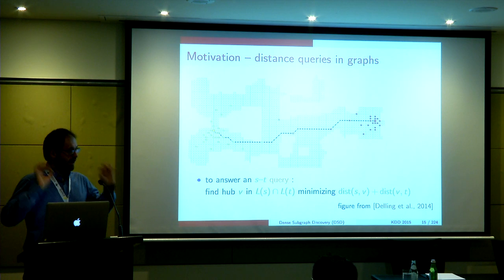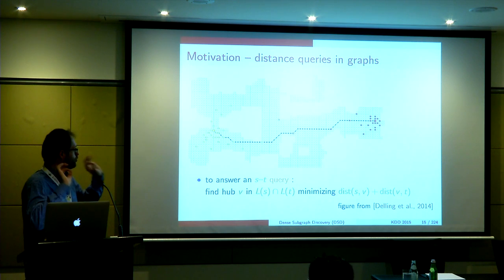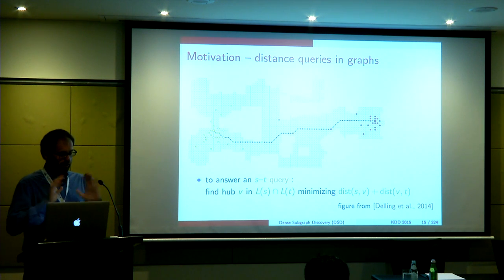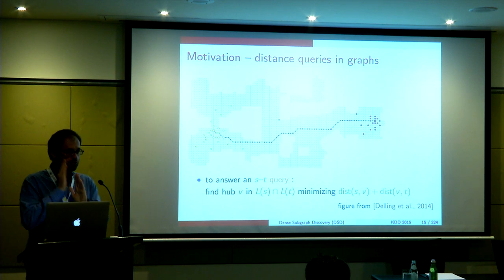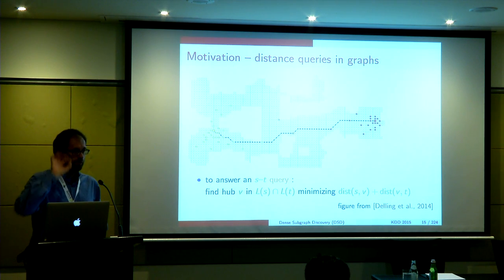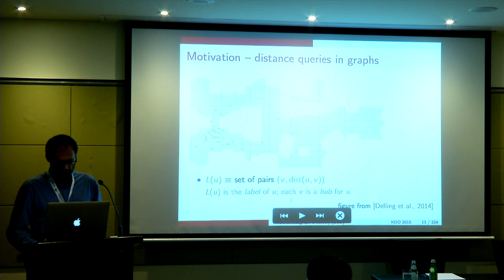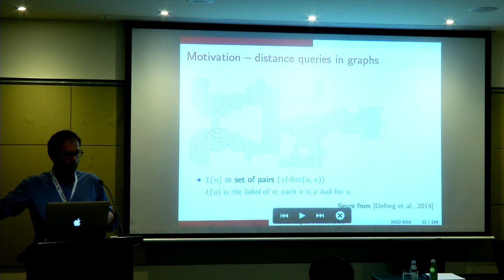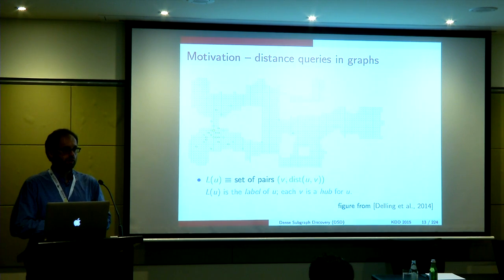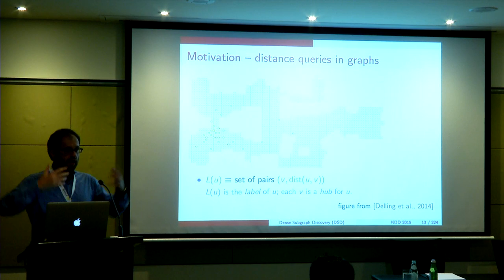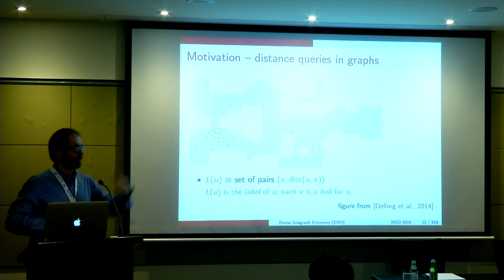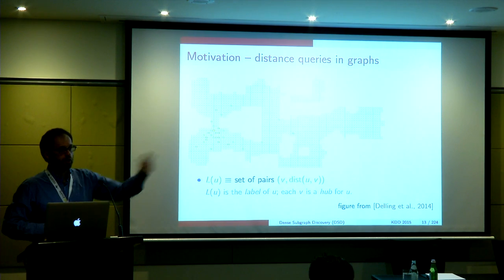Okay, again, what do I have? I have my graph. For each node on the graph, I have the labels. What are the labels? The labels are some other nodes. So U is a node on the graph, and the labels are a set of nodes V and the distance from V to U. So for example, the labels of me are something like, okay, Bob is 1, because we are at distance 1.